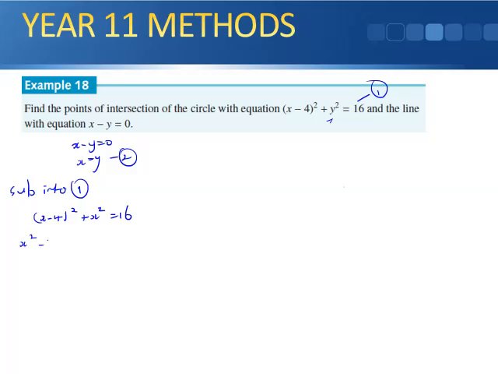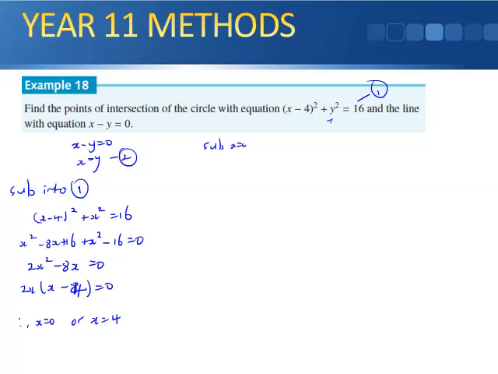Expand, so I get x squared minus 8x plus 16 plus x squared minus 16 equals 0. So I'll get 2x squared minus 8x equals 0. Factorise, taking out a factor of 2x, x minus 4 equals 0. Therefore, x equals 0 or x equals 4.